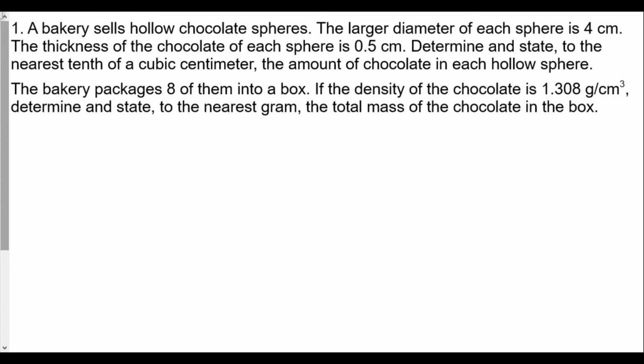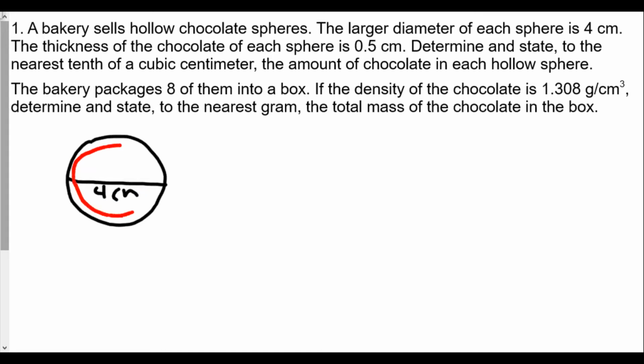So one of the key things to do is first find the volume of each sphere, and then we'll figure out the second part with the box. I'm going to draw a circle to represent the cross section of our sphere, and that diameter is 4 centimeters. Now there's an inside sphere that represents the hollowed out area.